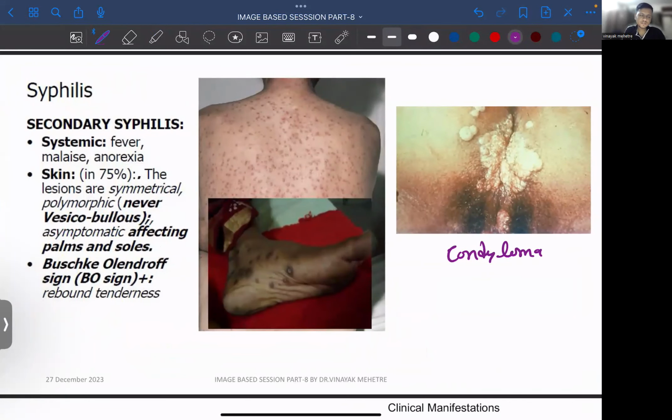Which condyloma is caused by syphilis? It is seen in gays, of course, right? It is condyloma lata. Condyloma acuminata is seen in which disease?